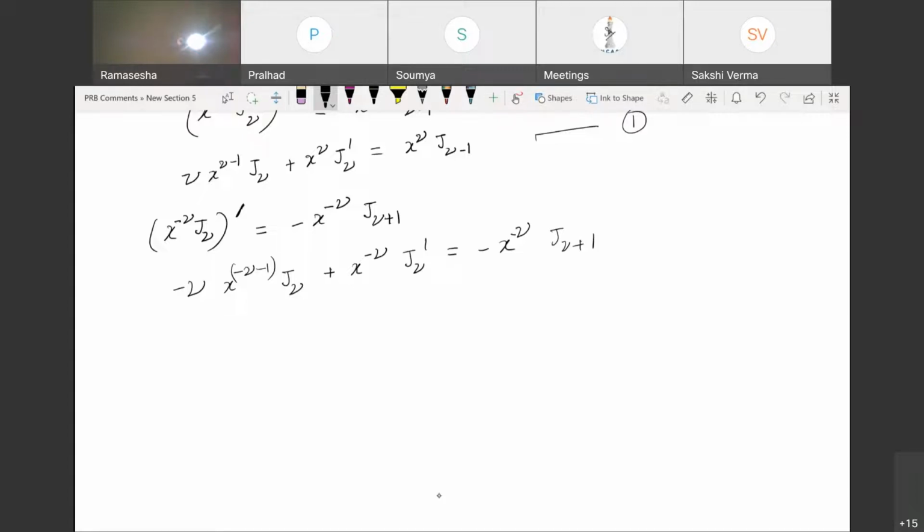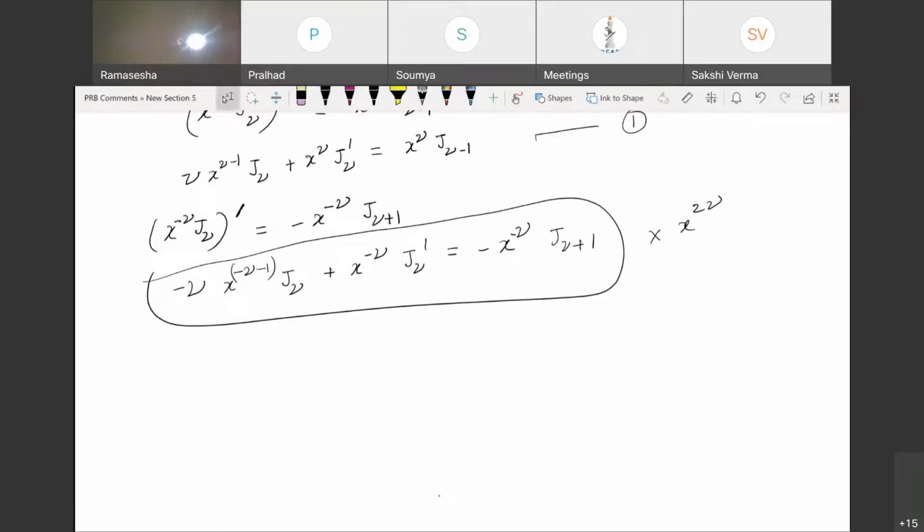And multiply by x to the power nu. Okay. If I multiply by x to the power nu, then what? x J plus x J is equal to minus x J. Okay.